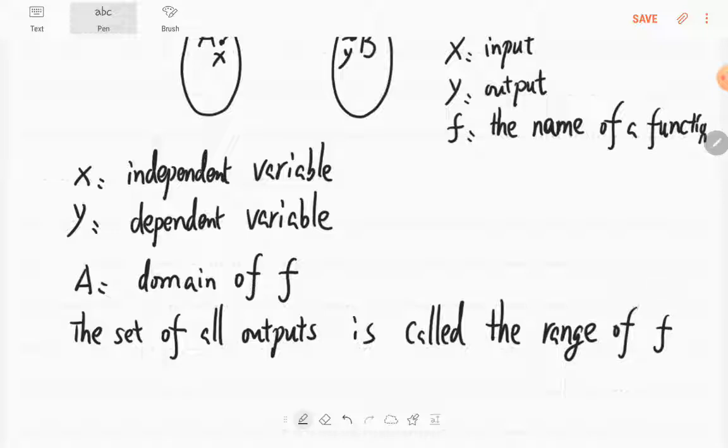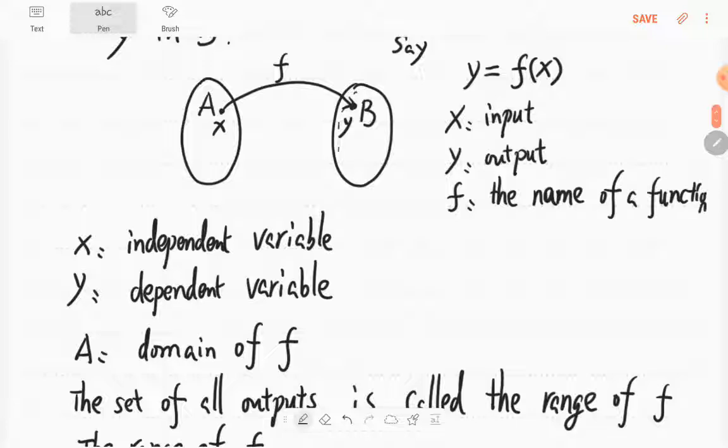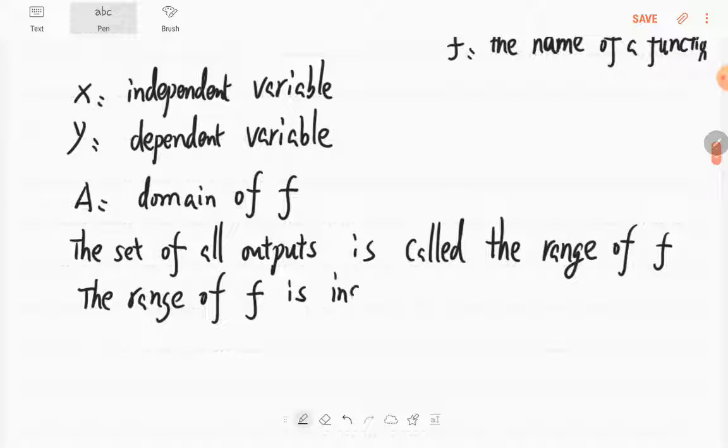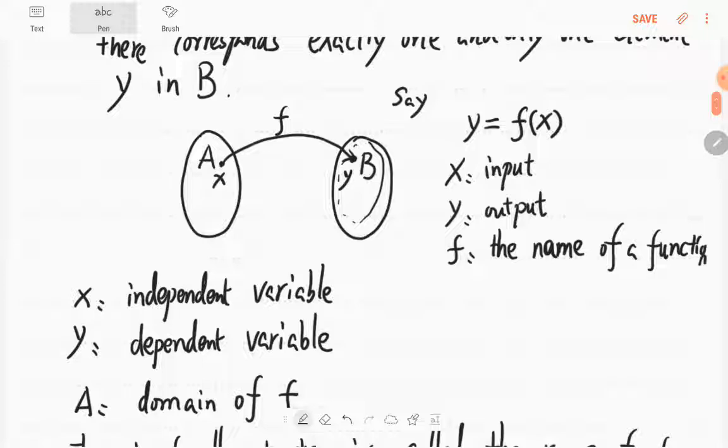The range of f should be inside the set B, not bigger than B, or maybe the same as B, but not bigger than B. So these are the definitions for functions. A function is a relation between two sets. It will map one point to exactly one and only one point in another set.